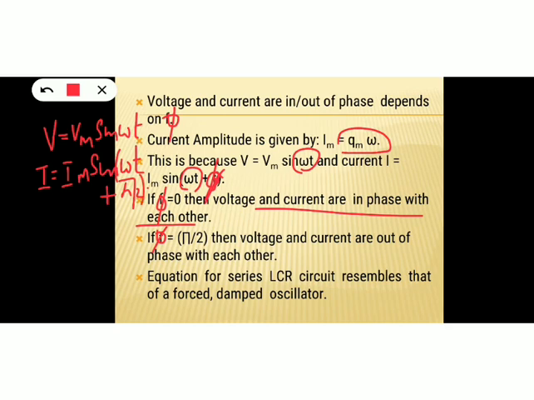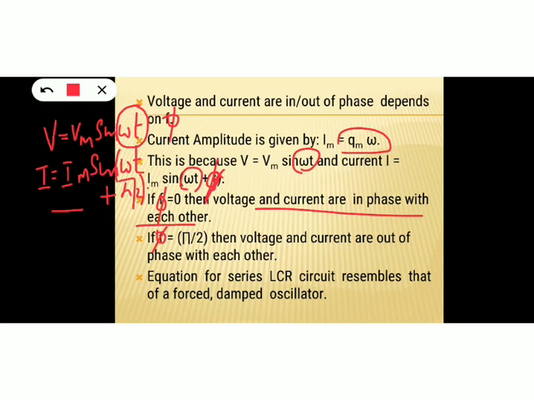So look at the phase of voltage and current. Here the phase of voltage is omega t, but here the phase of current is omega t plus pi by 2. So the phases are not equal. There is a phase difference of pi by 2 and current is ahead of voltage.